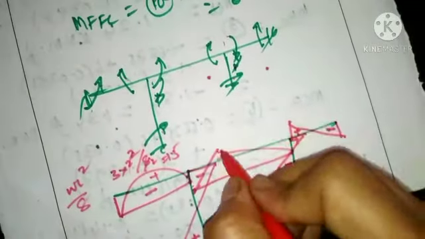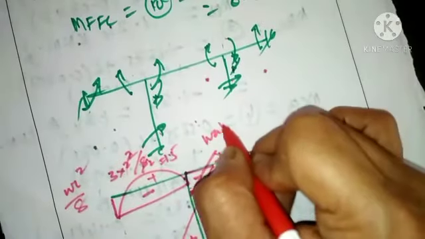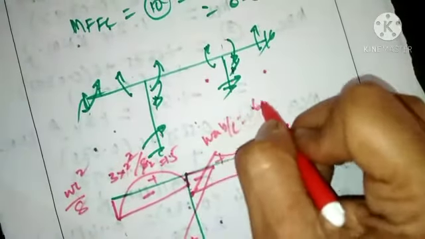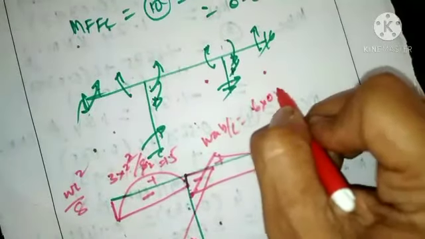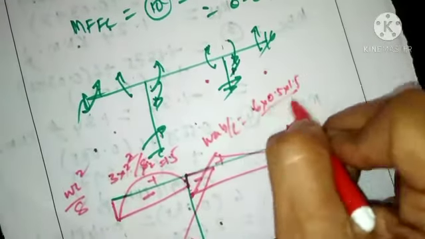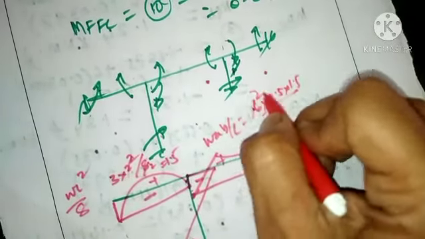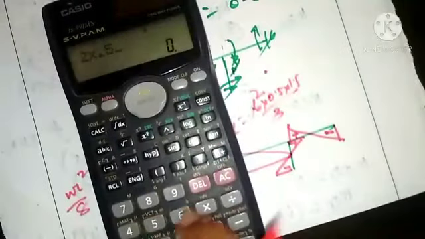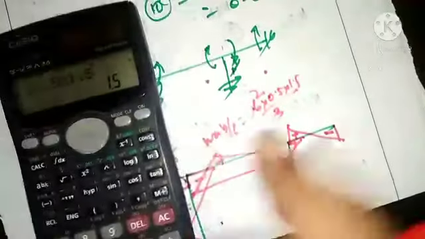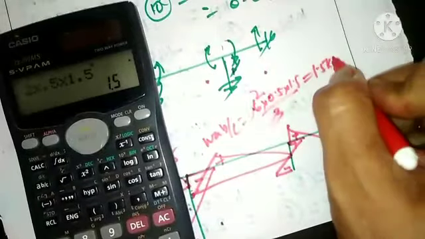Here it is WAB by L, which will be 6 into 0.5 into 1.5 divided by 3, which will come as 1.5 kilonewton meter.